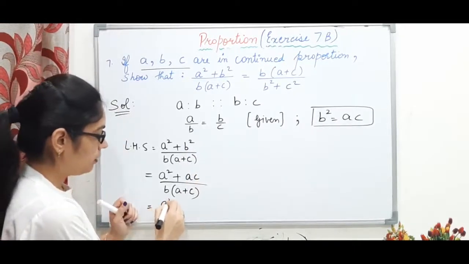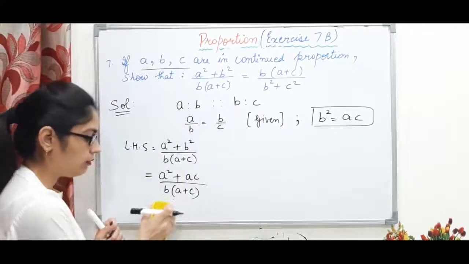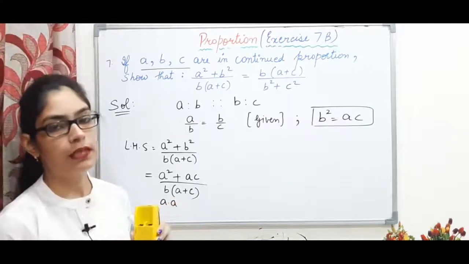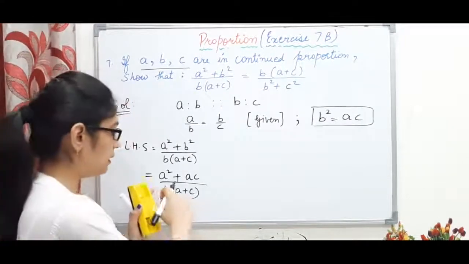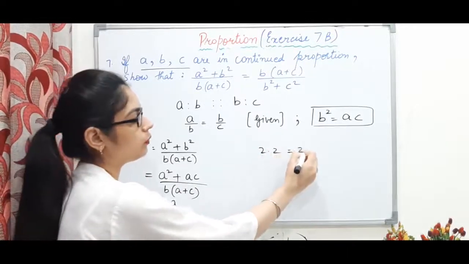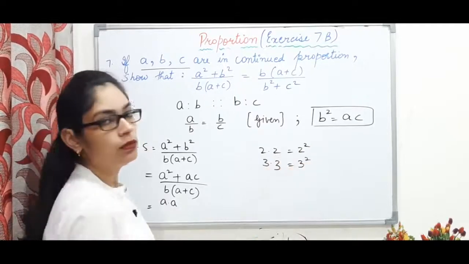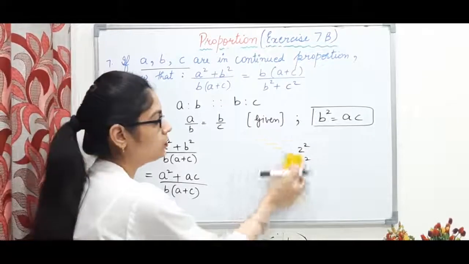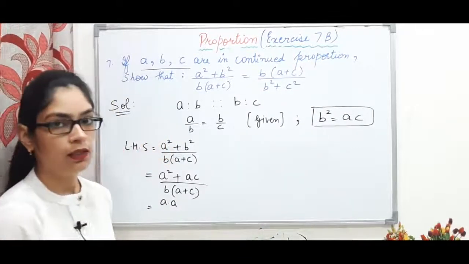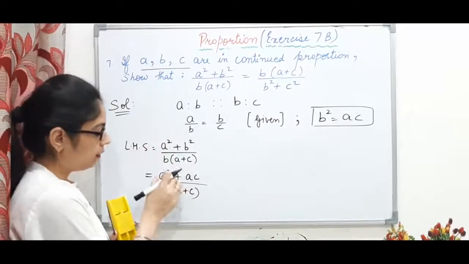Now a square we can also write as a into a, because when the same number is multiplied with itself it becomes a square, like 2 into 2 is 2 square, 3 into 3 is 3 square. So I have just written it in expanded form.